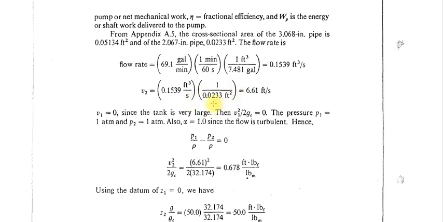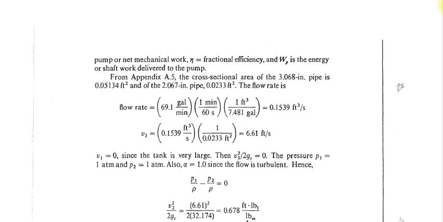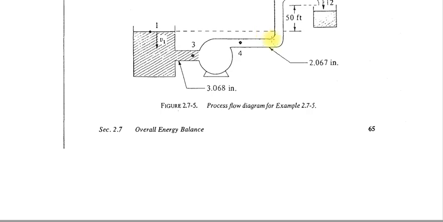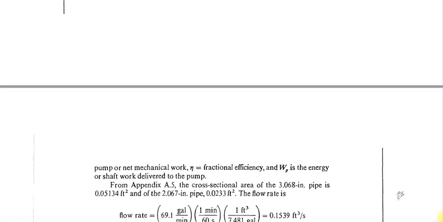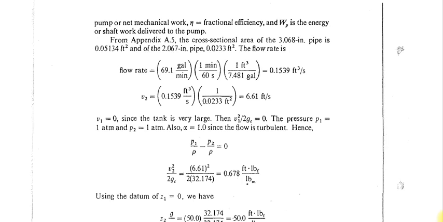Cross-sectional area is 0.0233 feet square, because the internal diameter is given here. When the internal diameter is given, you can calculate the cross-sectional area. Internal diameter is 2.067 inch. So once you know the internal diameter, you just calculate the cross-sectional area using pi r square.